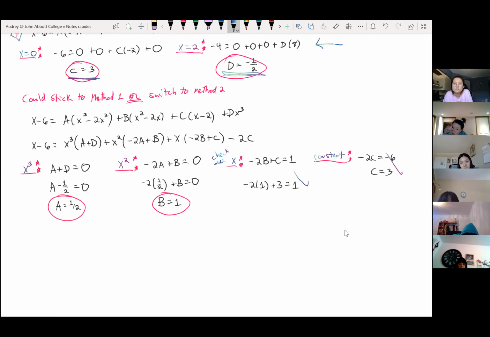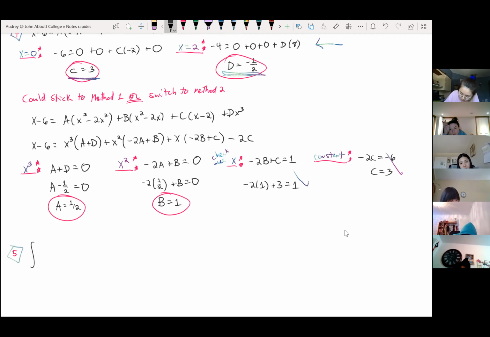So the two methods together actually was quite nice. It stopped me from ever having to do a system of equations. Okay. Are there any questions about the numerators that we just found here? Good. Okay.